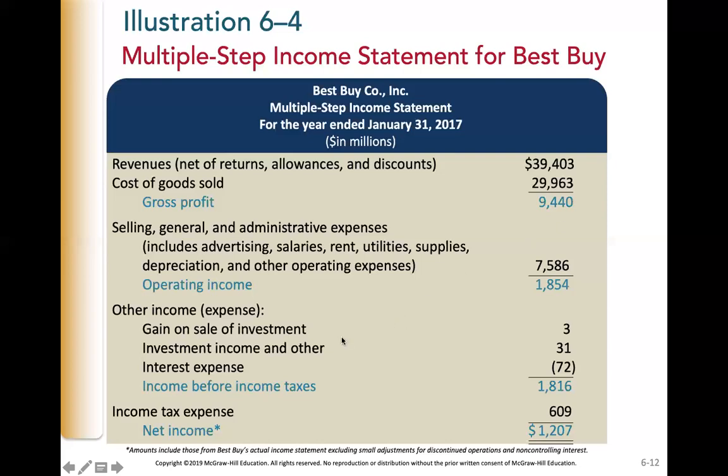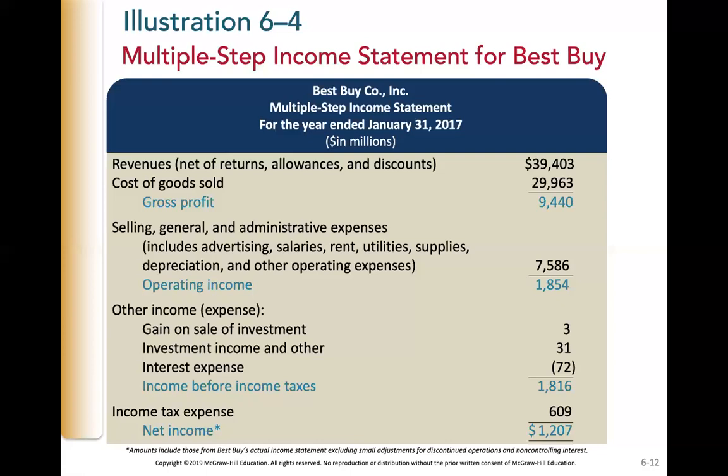After operating income, a company reports non-operating revenues and expenses. Best Buy refers to them as other income and expenses. These are the things that occur within a business that generate a profit or an expense that do not have to do with the day-to-day business of the company. For example, gain on sale of an investment. They had an investment in something and they sold it for more than they bought it for, so they had a gain.